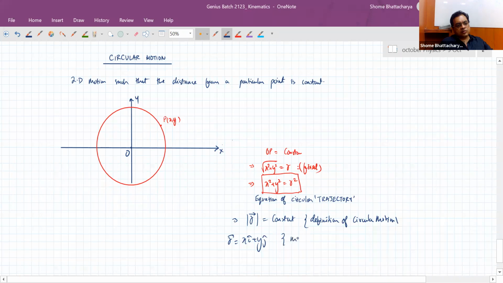Okay. So motion in the xy plane such that the distance from the origin, which is basically mod of R, is constant.